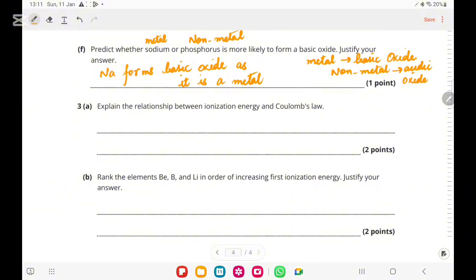Then we have to explain the relationship between ionization energy and Coulomb's law.